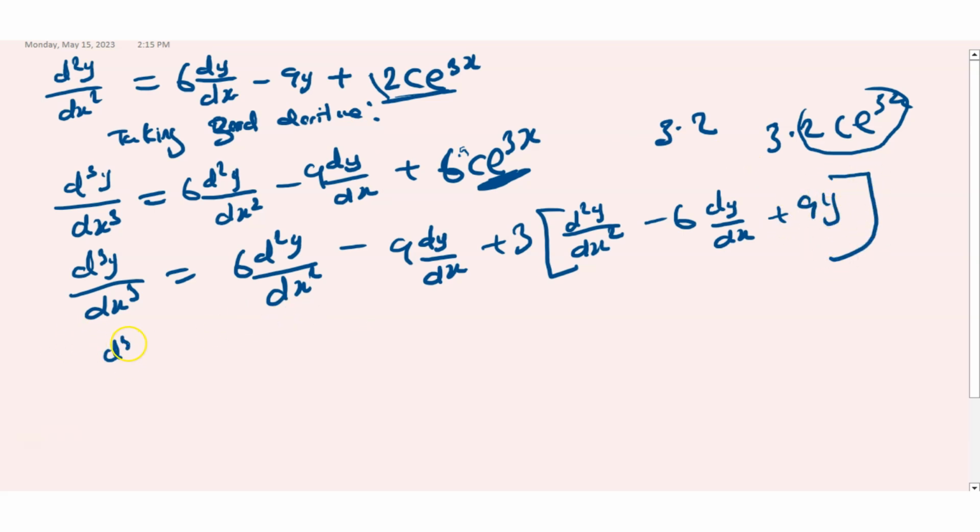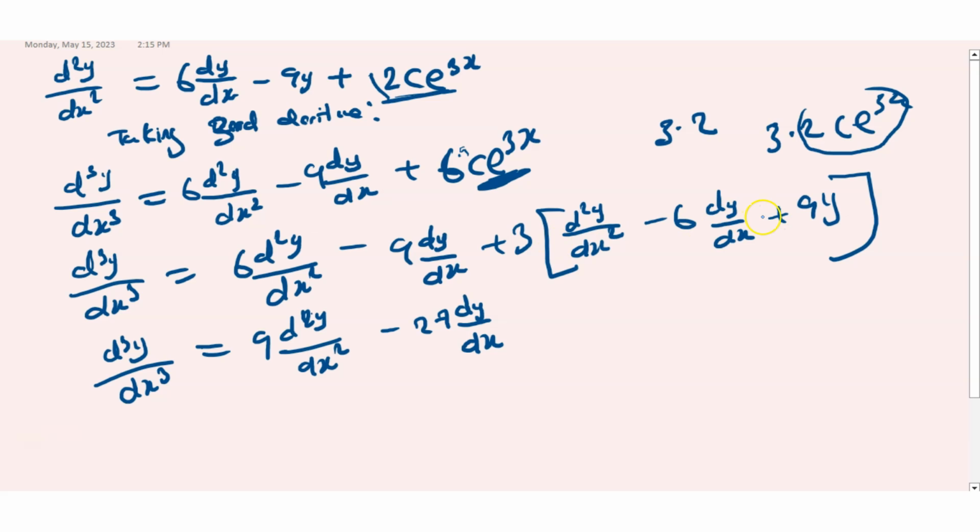So we have d cubed y over dx cubed equal to 3 times 6 plus 3, that would be 9. So this will be 9 d squared y over dx squared. This is 3 times 6 is 18, so negative 18 minus 9, that would be negative 27, that is minus 27 dy dx.